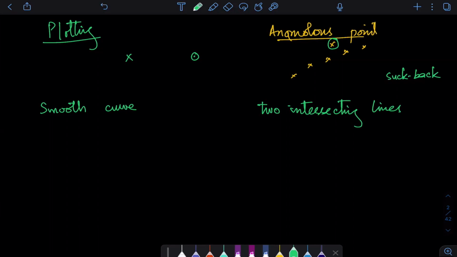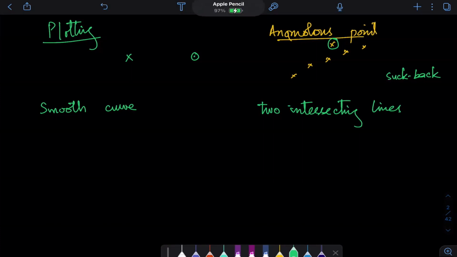That can be because of change in temperature or change in pressure. Because of change in temperature, उसकी reasons हमसे वो नहीं पूछता, but that's just an idea कि जब भी आप किसी liquid के अंदर gas को collect करते हो, तो suck back is a challenging problem which examiner has started to introduce recently. So आप उसकी वजह से भी आपके points anomalous आते हैं, आपकी readings खराब आती हैं.